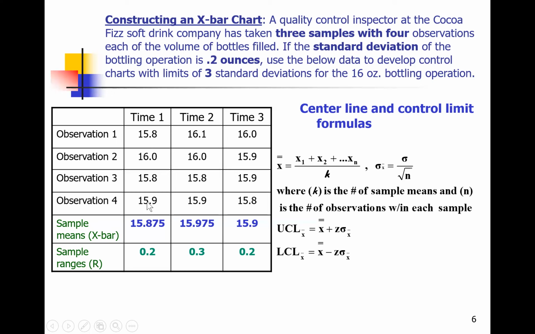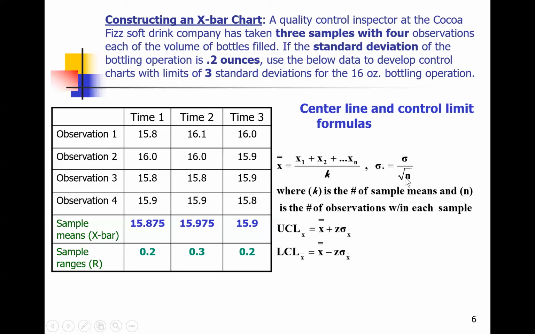15.8, 16, 15.8, 15.9. We sum up these 4 observations and divide by n, and here it says k. This number 1, 2, 3, 4. It says k because the number of observations and the number of samples are 2 different things.